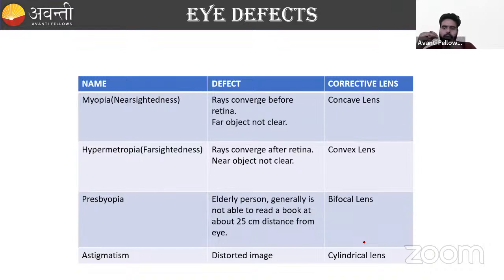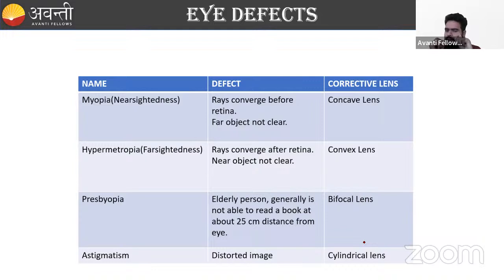Next, what are the defects associated with the human eye? When we talk about the human eye, we generally observe some persons wearing glasses with a positive power of lens, and other persons with some type of defect using a negative power of lens. What is the meaning of positive power and negative power?